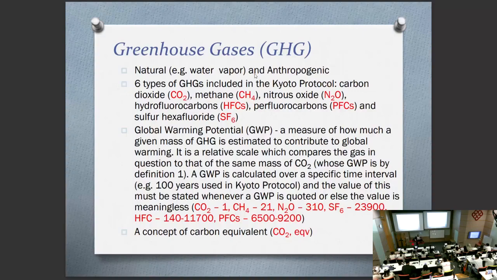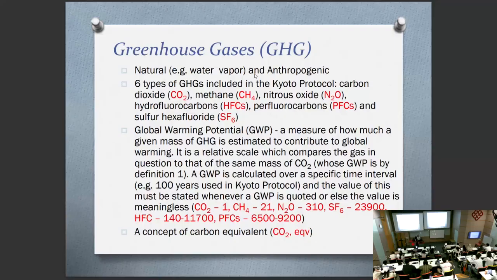Okay, so we have different kinds of anthropogenic greenhouse gases, carbon dioxide, methane, nitrous oxide, and they have different radiative forcing. So it means for the same mass of carbon dioxide and same mass of nitrous oxide, okay, and let's say they will be staying in the atmosphere for the same time period, 100 years, the radiative forcing by the carbon dioxide and the methane or nitrous oxide, they are different. Okay, they have different radiative forcing.